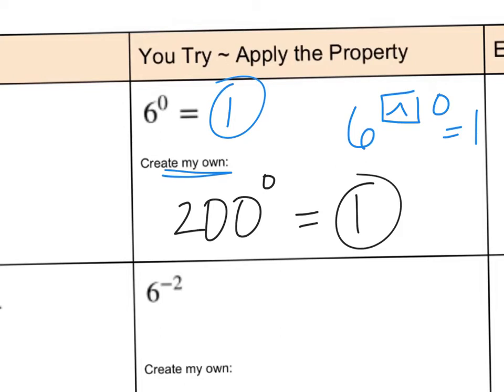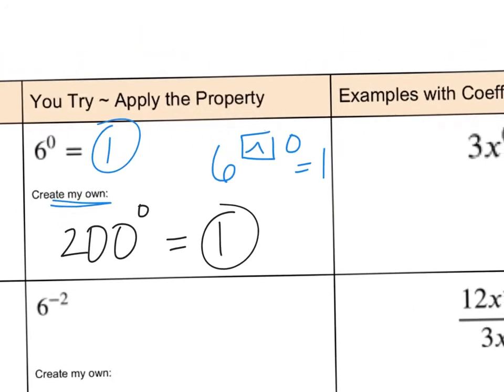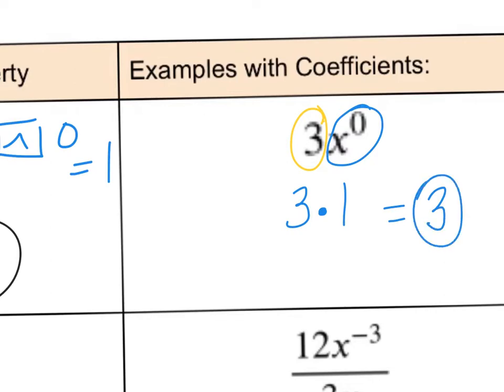So there is a little bit of a twist sometimes when you have examples with coefficients. So this time we have the 3 here out front as the coefficient. So we would bring that down. 3 times x to the zero power, that equals 1. And then we'd have to simplify that more, and 3 times 1 would equal 3.